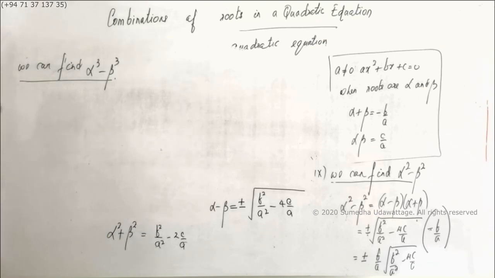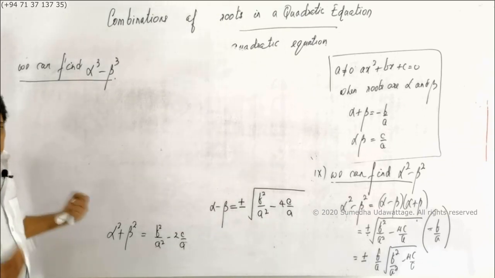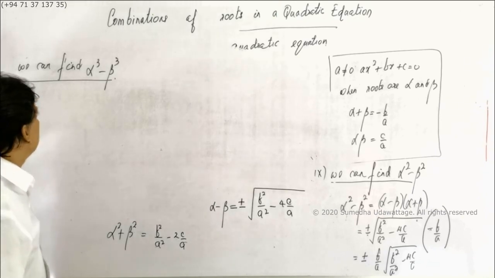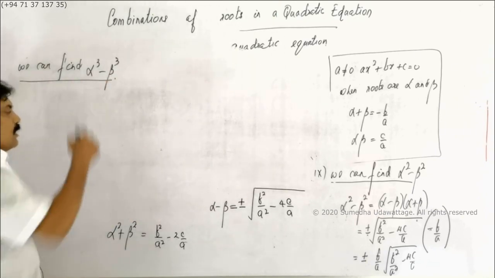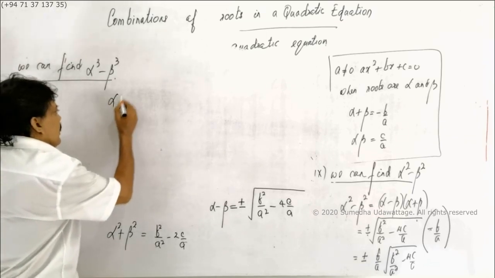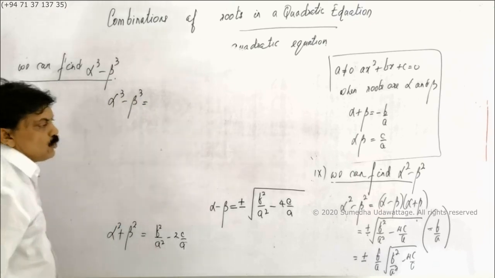At once, if you are asked this question, sometimes you may get confused. Therefore, it's my part to teach all that could be asked in an exam. For a short question, this could be asked: find alpha cubed minus beta cubed, the difference of two cubes.